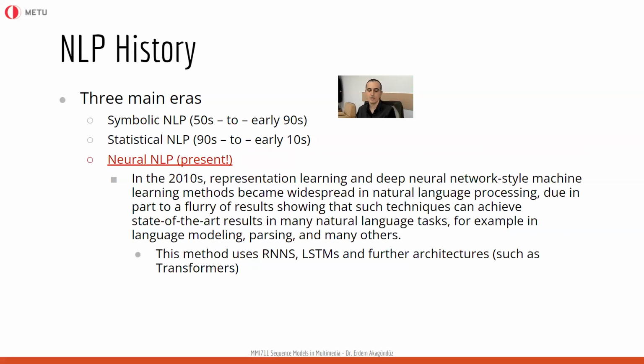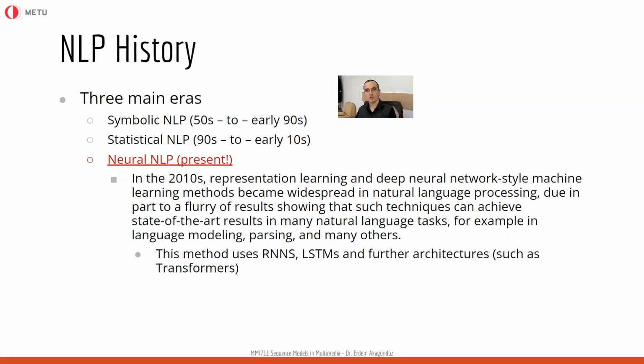For example, Transformers in 2017, less than 4 years ago, is one of the breakthroughs. But before that, the efforts started around the beginning of 2010. So the idea is using deep learning style machine learning methods in natural language processing.